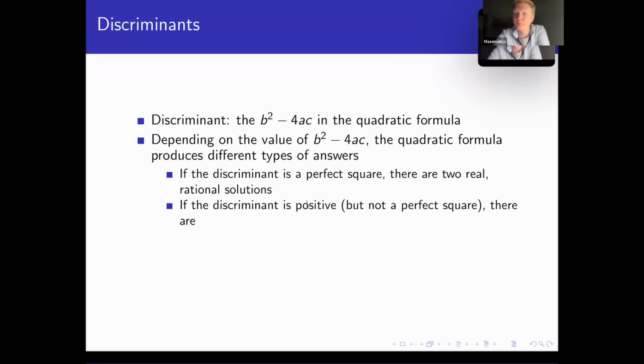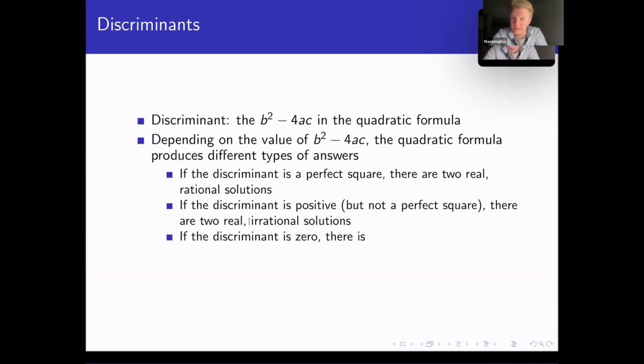If the discriminant is positive, but not a perfect square, like 21, there are still two solutions because we still had plus and minus square root of 21, but instead of being rational, they're irrational solutions. So perfect square, two real rational; positive but not a perfect square, two real irrational.